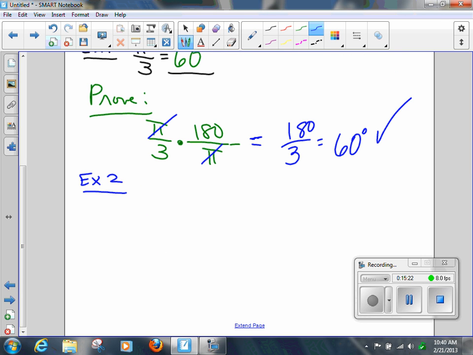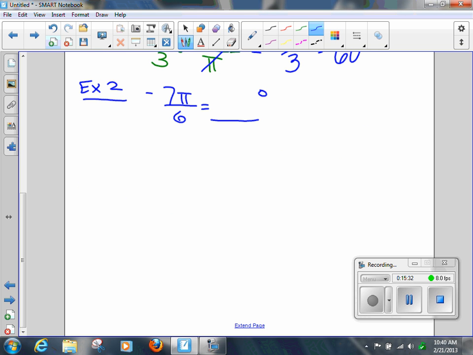How do you do this one? Negative 7 pi over 6. Convert that one. Do not disregard the negative symbol. What's my conversion factor? What do I want on the bottom?